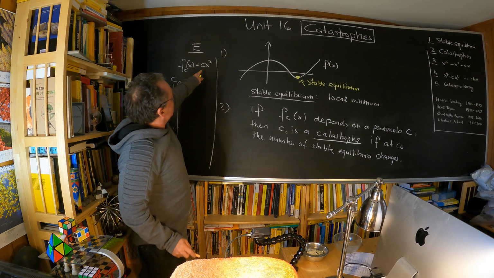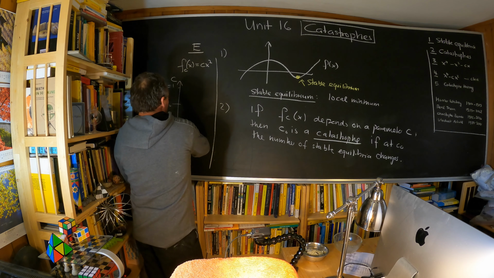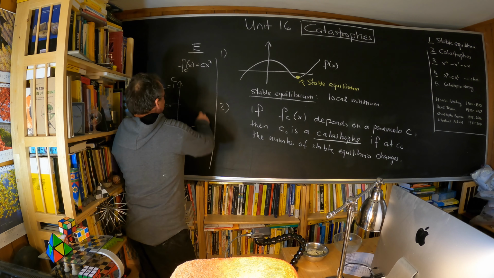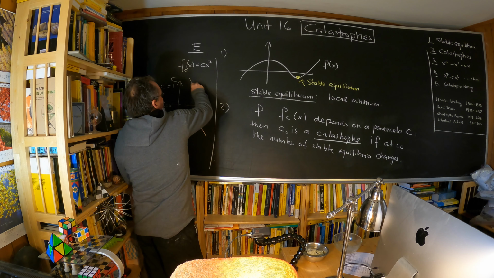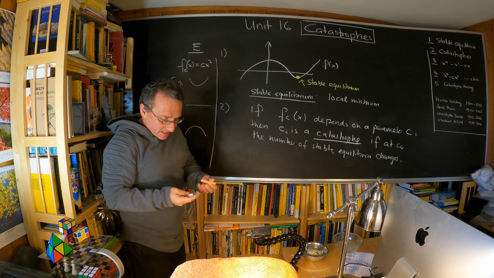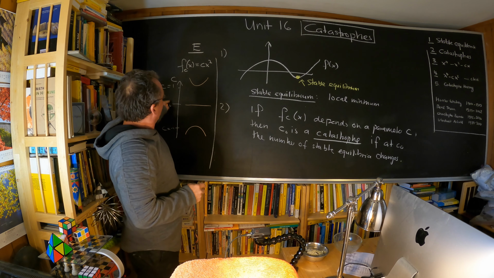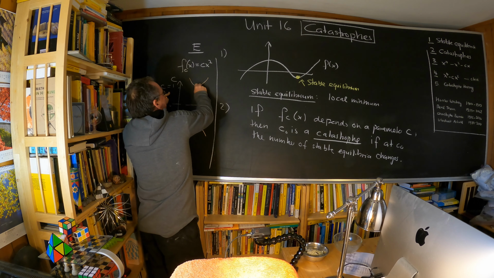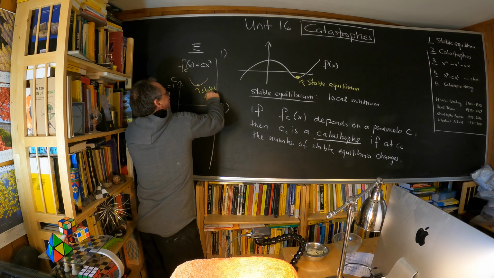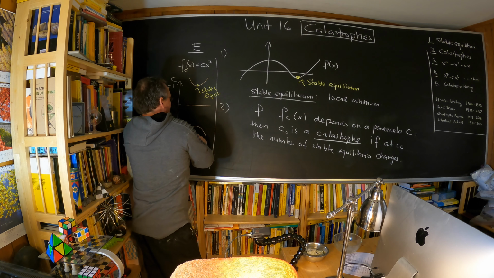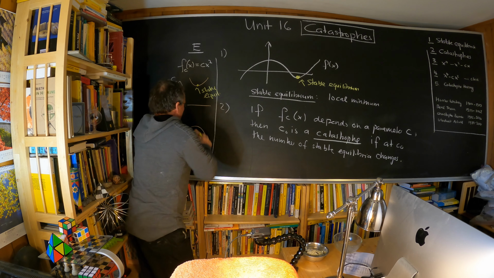So in this case, when c is -1, we have a parabola down like that. And here it's flat, and then you have a parabola. So you see that what happens is for positive c we have a stable equilibrium. And for negative c this is unstable.